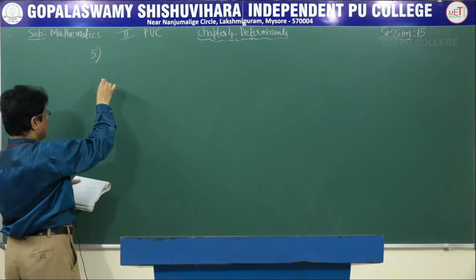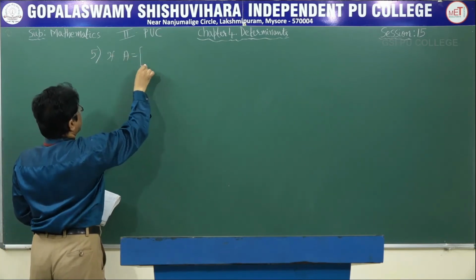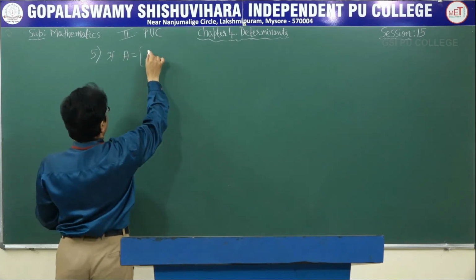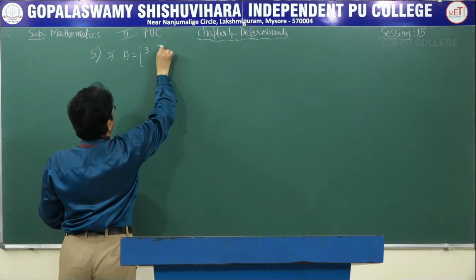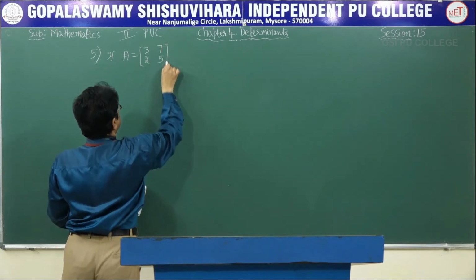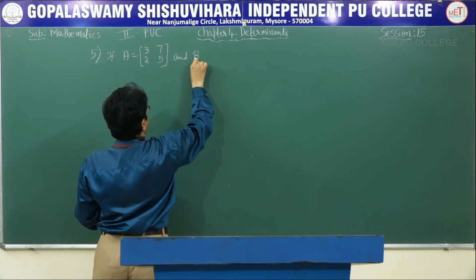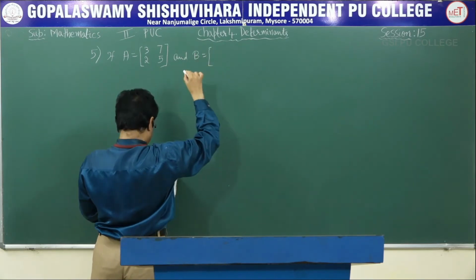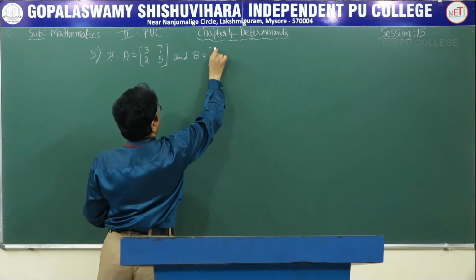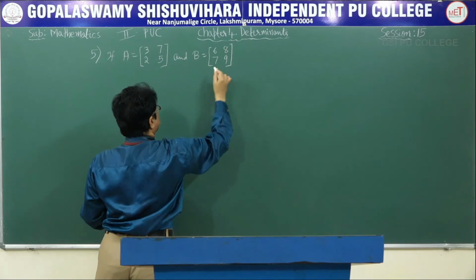Next problem, if A equals 3, 7, 2, 5 and B equals 6, 8, 7, 9.